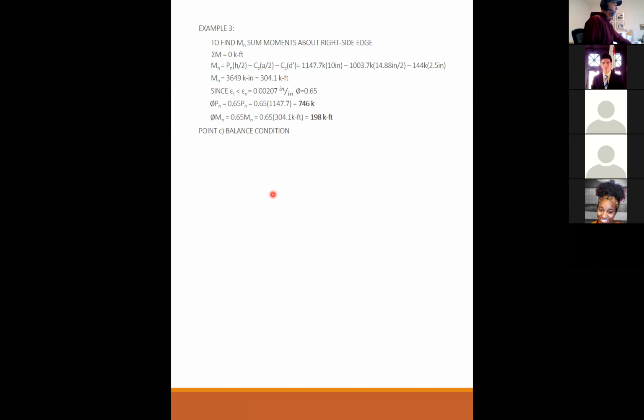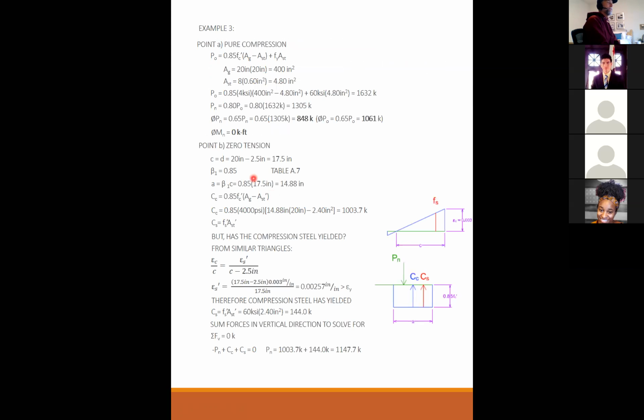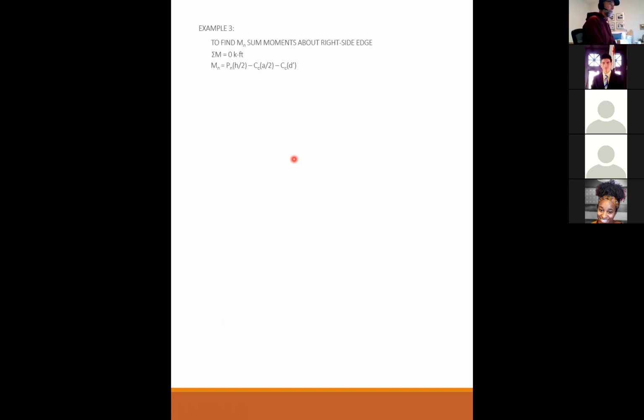I did not show the calculations for epsilon t because point B is defined as zero tension at the tension steel. So by definition, epsilon t is equal to 0 for point B. Makes sense. Thank you.